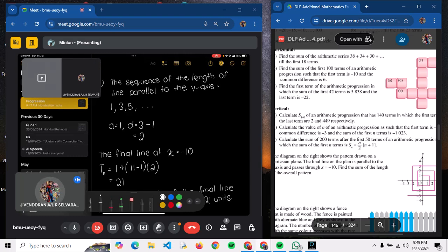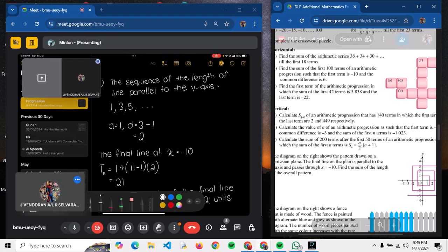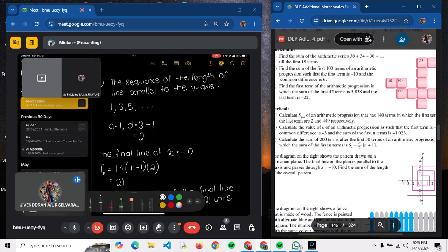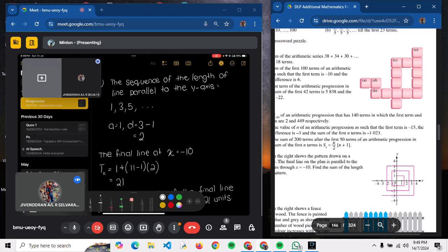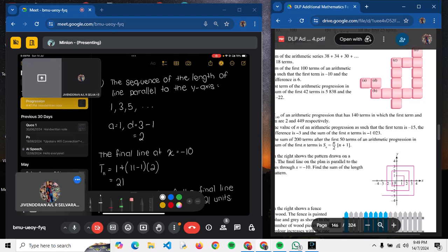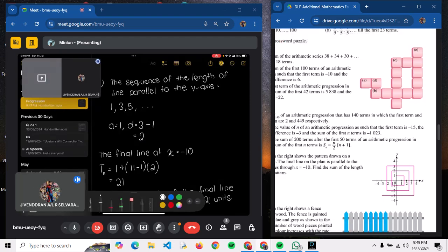So parallel to the y-axis, it means the line that is straight, like same place as the y-axis. So the sequence we have is 1, 3 and 5.